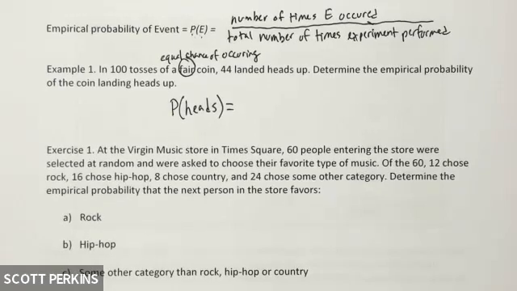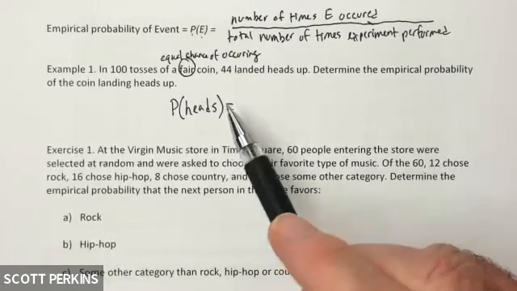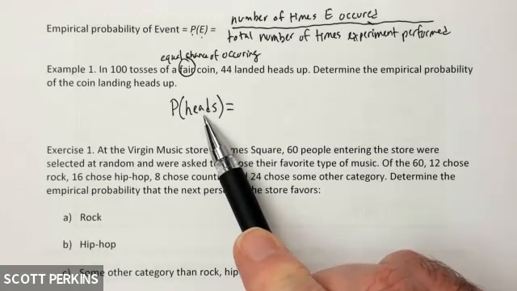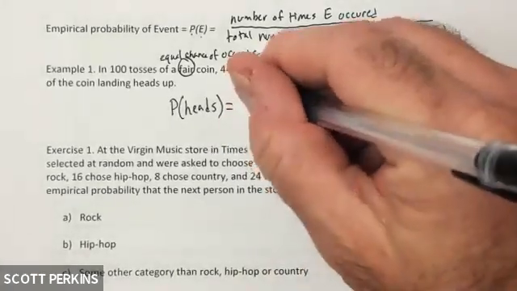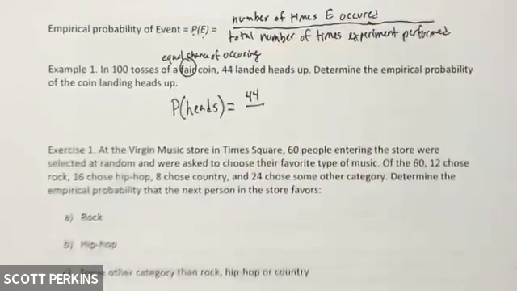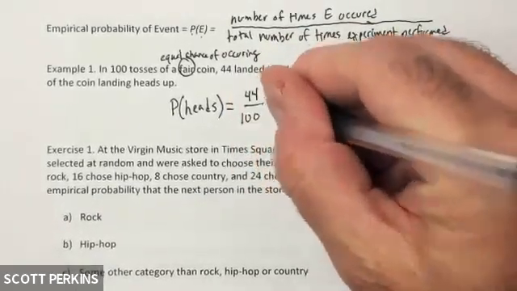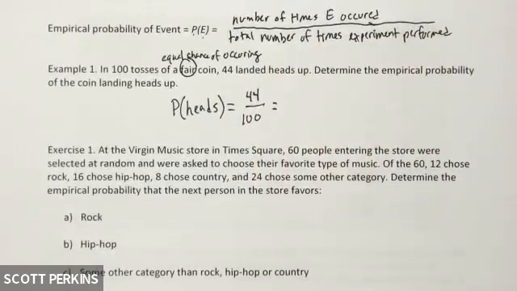This is the thing to remember, whether it's empirical, or, as we're going to see in a little while, theoretical probability, where you don't actually do the experiment, you're just looking at what should happen. It's the same thing. How many times does this event right here, heads, happen according to my problem? Perfect, 44. Out of how many total times did I flip the coin? 100.